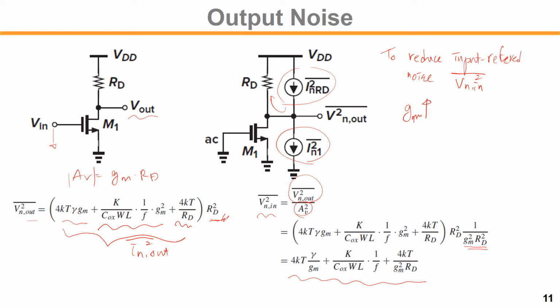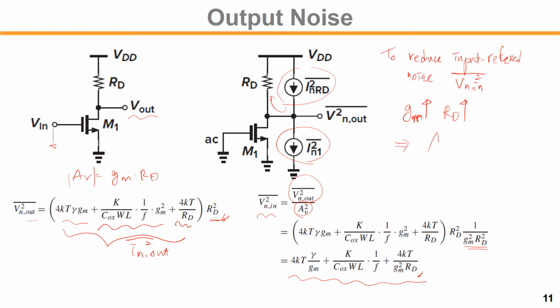If you have a large gm, your input reference noise is smaller. Also, if RD is large, you get a larger gain.